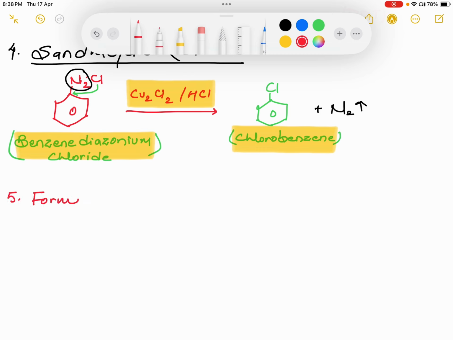Formation of Grignard reagent and its acidic hydrolysis.